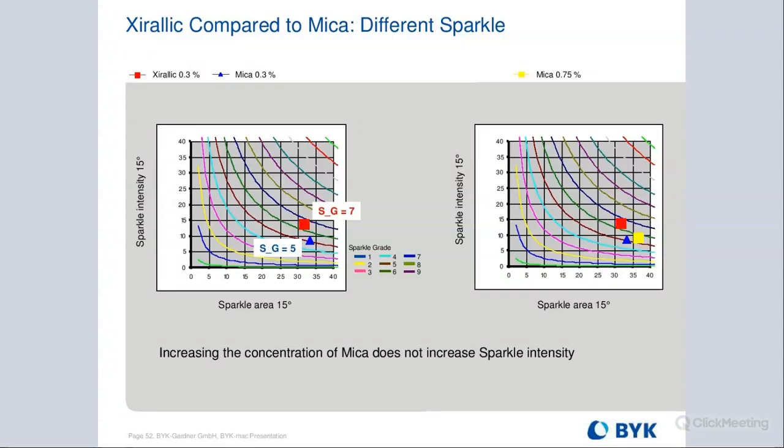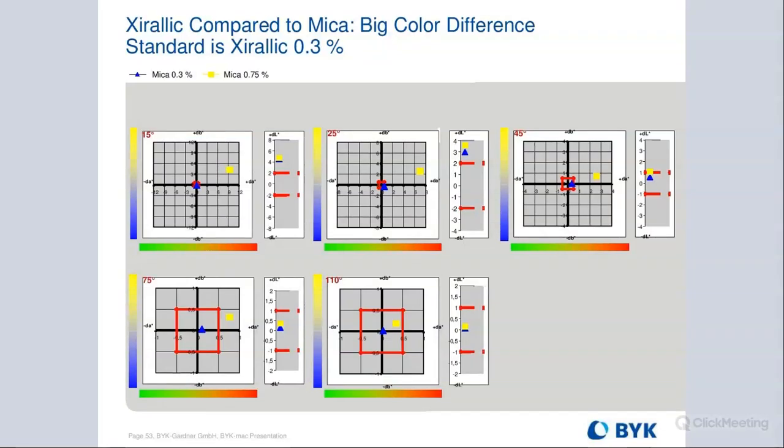We increase the concentration, so the area that's sparkling grows, but we can never increase the sparkle intensity because that's inherent in the pigment itself. And when we increase the concentration from 0.3 of the mica to 0.75 of the mica, now we've completely ruined our color position, because we've changed things by adding more and more mica, even though we're not getting the intensity that we wanted.